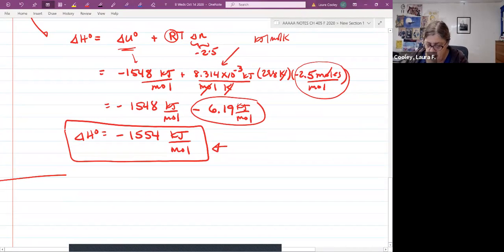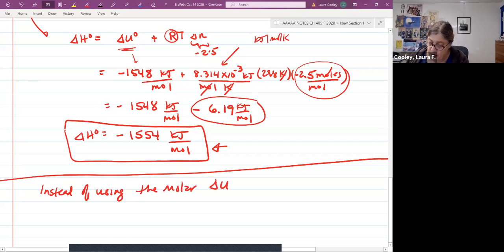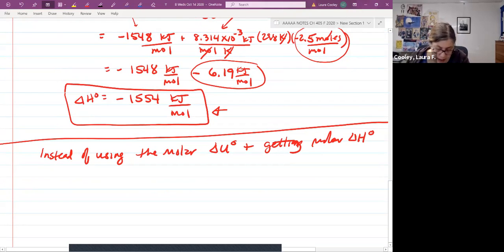But the other way to do this problem, and you should know how to do both of them. I mean, it's the same thing really, but you have to know how to handle it. Is to, instead of using the molar delta U and getting the molar delta H0, what if instead you use the total?